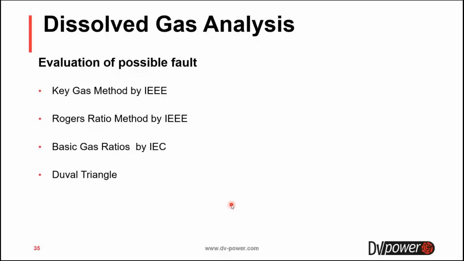There exist many methods for evaluation, but I mention these four: the Key Gas method by IEEE, the Rogers ratio method by IEEE, the basic gas ratio by IEC standard, and the Duval triangle. These are the most famous methods for evaluation of possible faults.